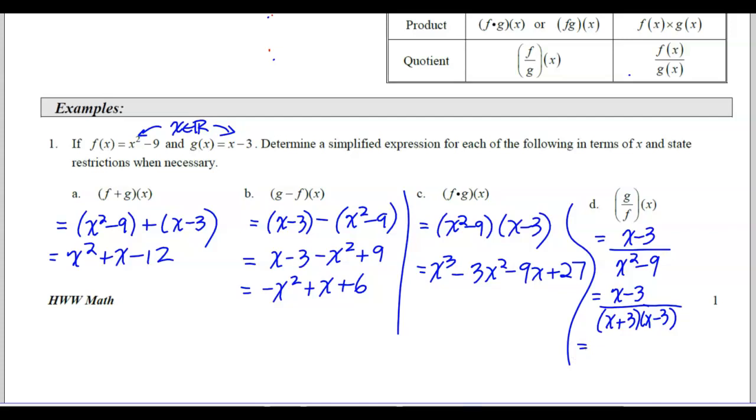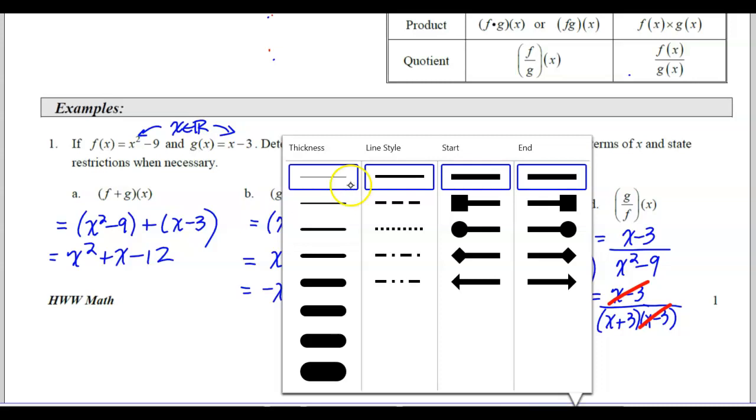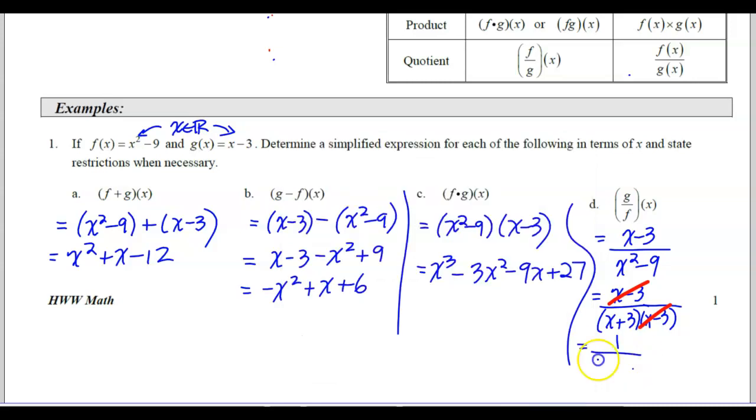Okay. And divide out common factors, x minus 3. Okay. So this one, in terms of our restrictions, the first ones we can have all real numbers.